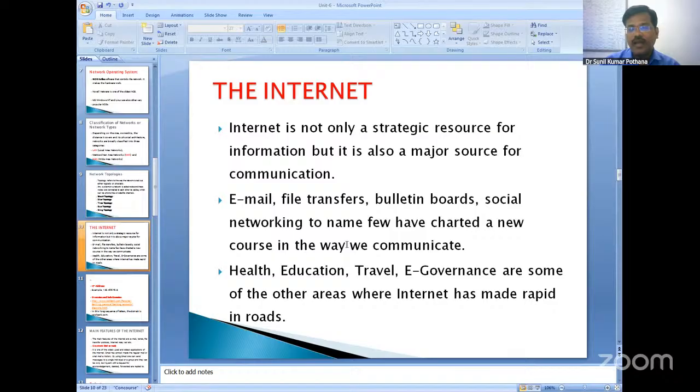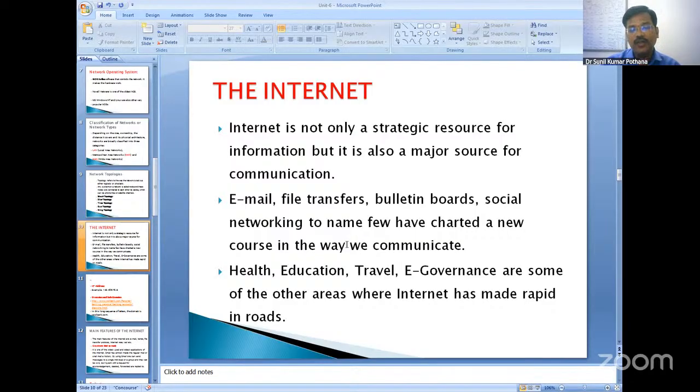For example, earlier without the internet, we needed to go to the library and search each book by topics and subtopics related to what we were searching. But now with the internet, you get the information within seconds. If you Google it, you will get the information. All this happens with the new innovation, that is the internet.